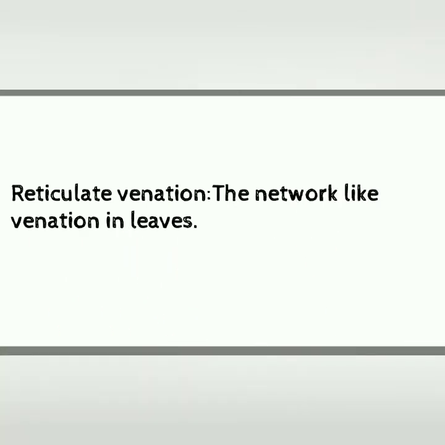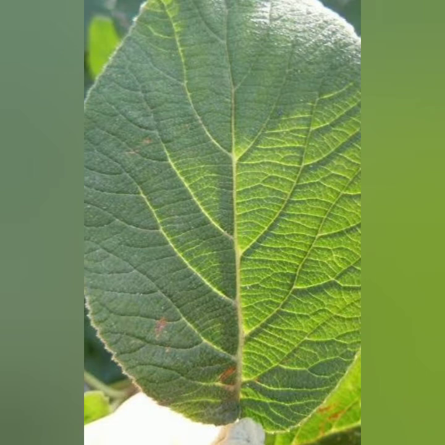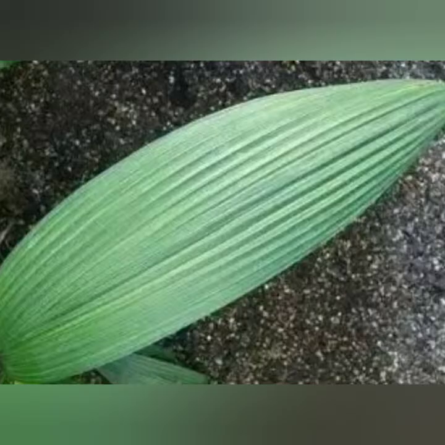Here we can find a main vein in the middle of the leaf starting from the stalk to its tip, and many small branches arise from the main vein, and all these branches are connected to each other. So that kind of venation is known as reticulate venation. And in the other type of leaves we can find these veins are not connected to each other, they have no connections between them.